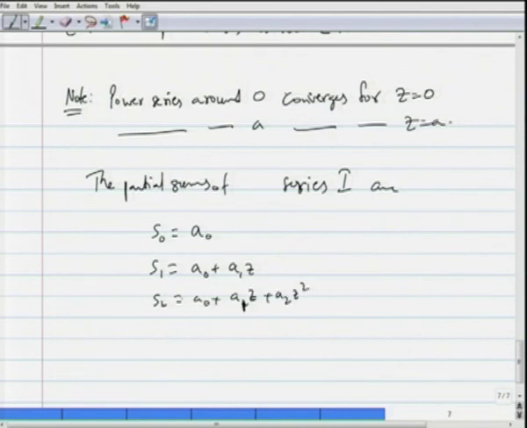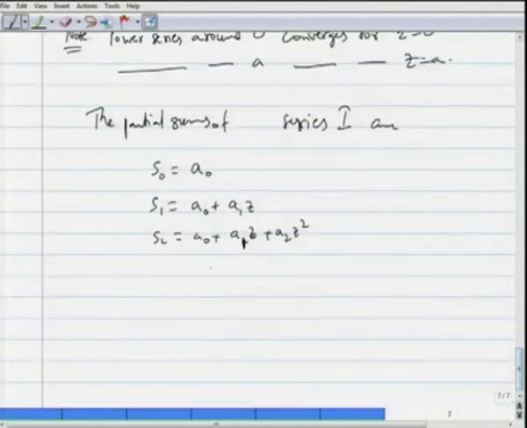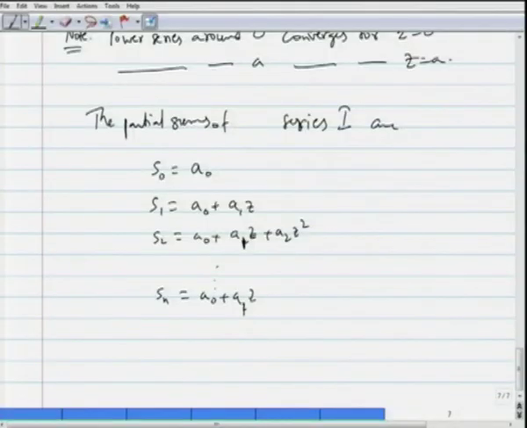So, actually the partial sums are all polynomials in z, and the next best thing you can do to polynomials is sort of the infinite version of the polynomials, which are these power series, A naught plus A 1 z plus A 2 z squared, and so on until A n z power n.